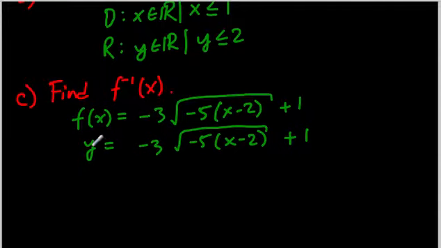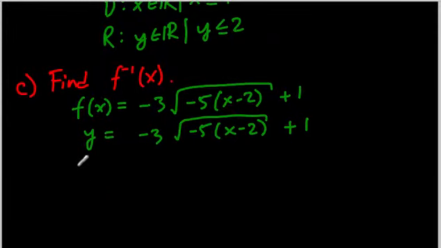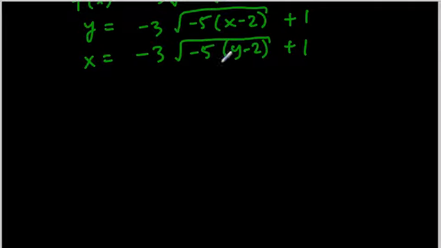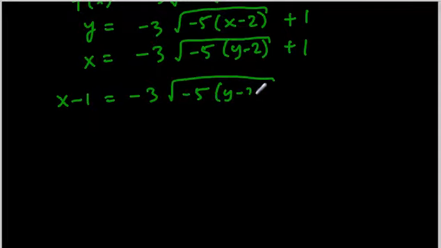If we're finding the inverse, the first thing we have to do is switch x and y. So x is equal to -3 times the square root of -5 times y minus 2, plus 1. Now we just have to rearrange this so we can solve for y. So x minus 1 is equal to -3 times the square root of -5y minus 2.